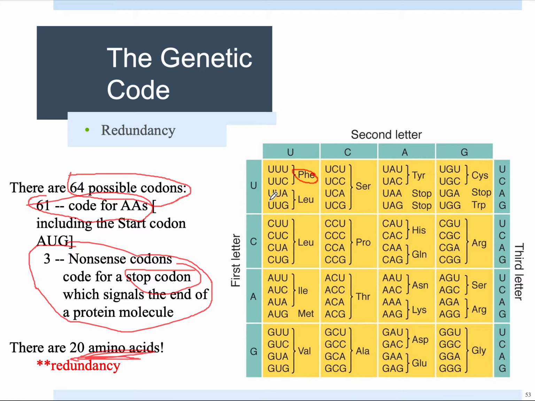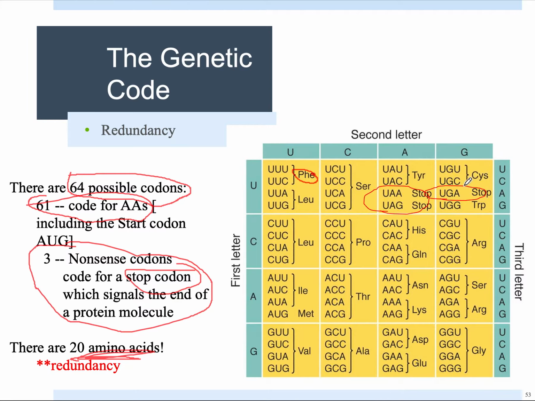And then you have leucine. You have UUA, UUG, leucine again, CUU, CU. So you have 1, 2, 3, 4, 5, 6 different codons coding for leucine. Why is that even important? So this is what we call redundancy. So you have redundancy built into the genetic code.